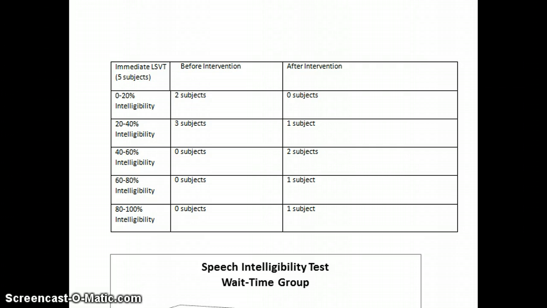And after intervention, there are no subjects in the 0 to 20% range. There is 1 subject in the 20 to 40% range, 2 subjects in the 40 to 60% range, 1 subject in the 60 to 80% range, and one subject in the 80 to 100% range.